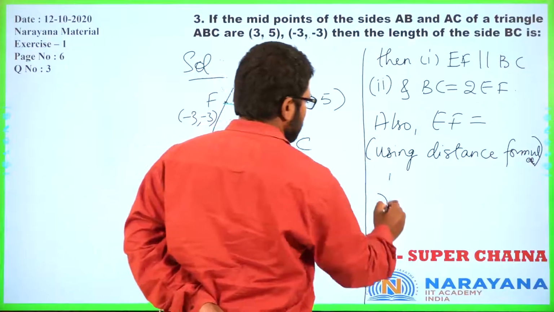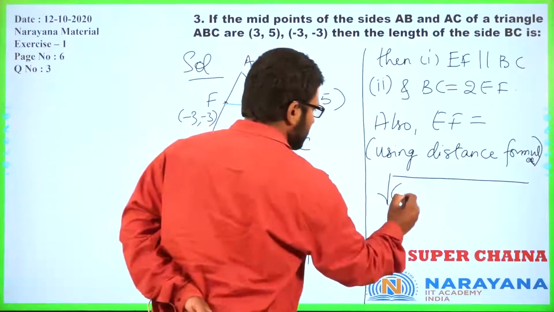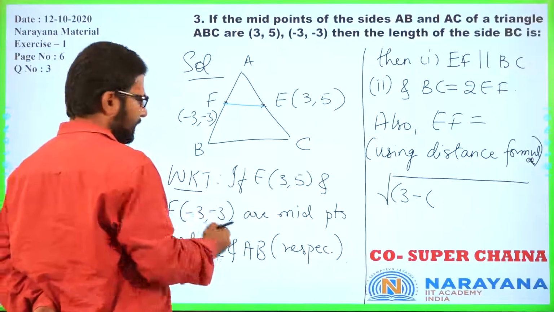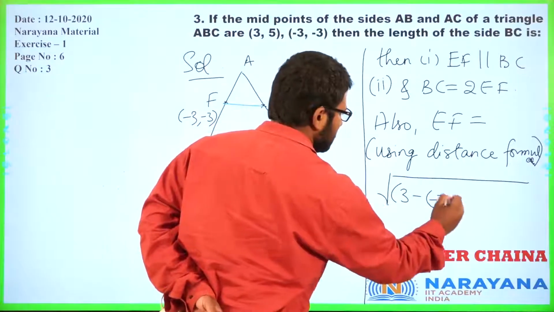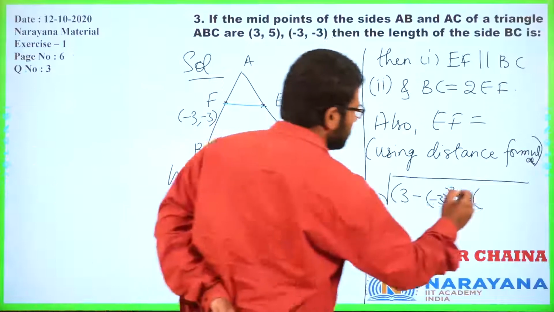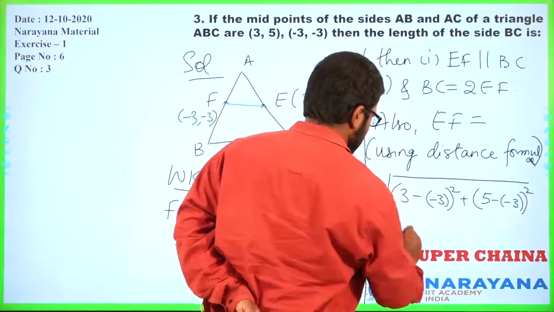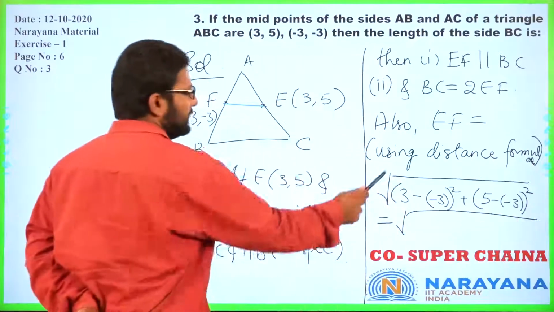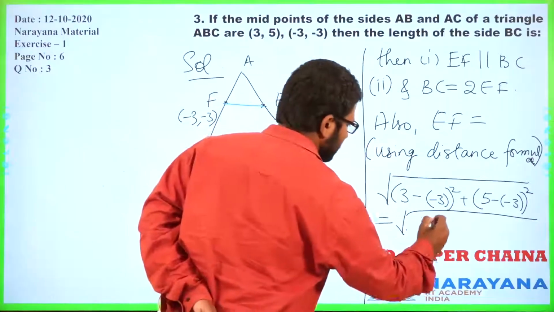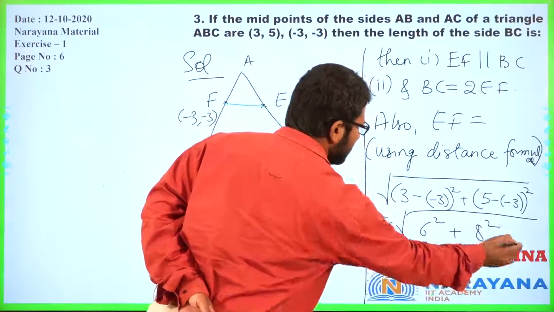EF is equal to under root (3 minus (-3)) the whole square plus (5 minus (-3)) the whole square, right? Which is under root, how much is that? 3 plus 3, 6 square, plus 5 plus 3, 8 square, right?